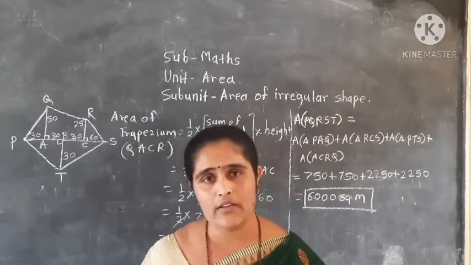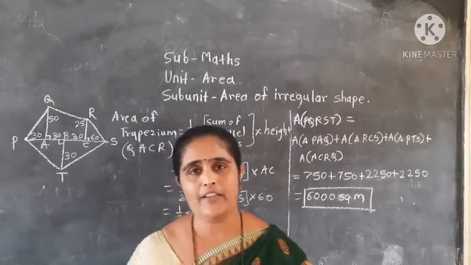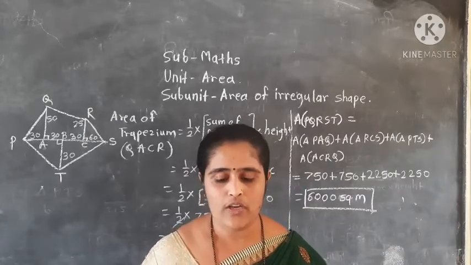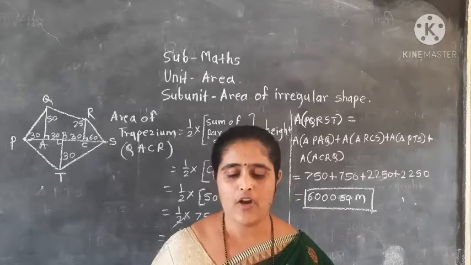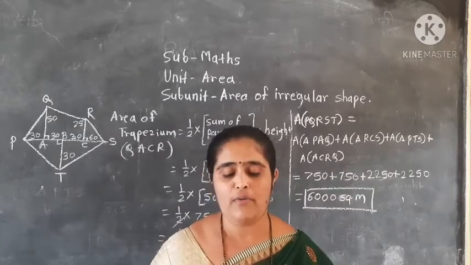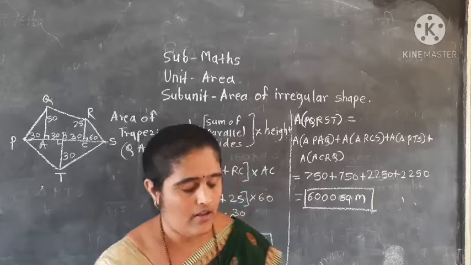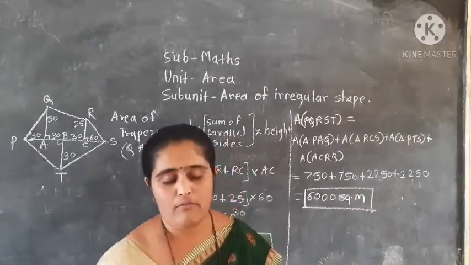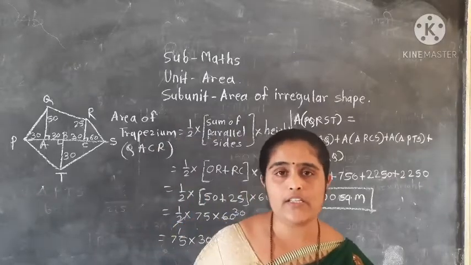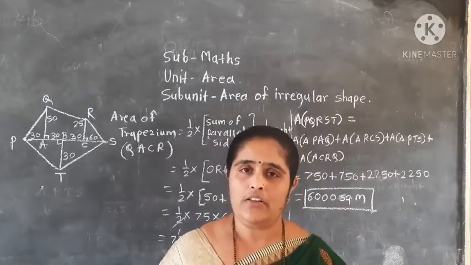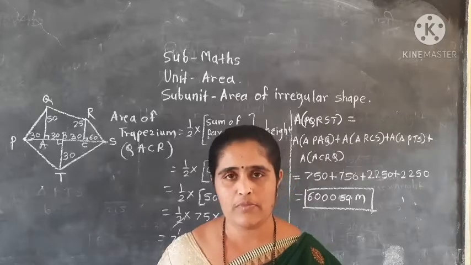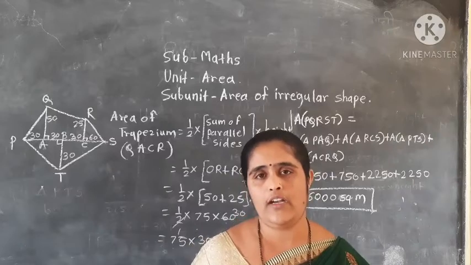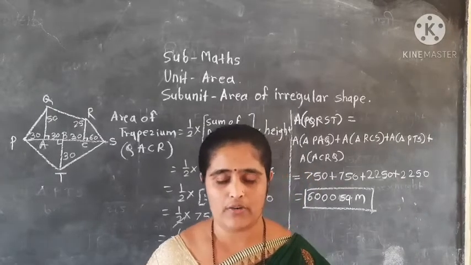Finally, for calculating the irregular surface, we have to add all these values, that is area of PAQ, area of RCS, area of triangle PTS and area of trapezium QACR. For addition, our final answer is 6000 square meter. Simply in this example, you have to find out the triangle and trapezium shapes and use this formula, and finally add all these values and get area of irregular surface.